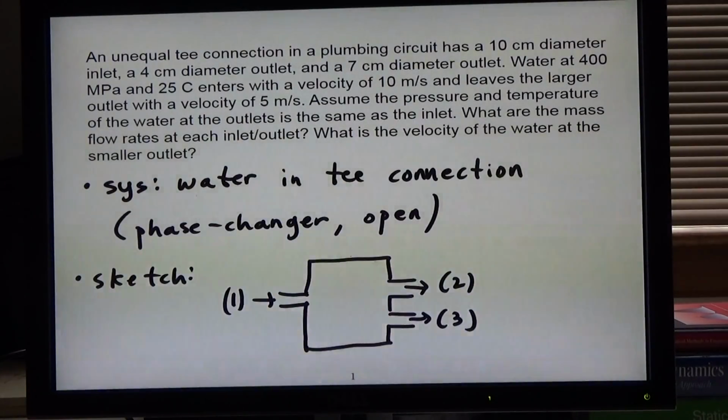So always in Chapter 4 in the open systems, instead of naming the states, like at the beginning of the process we used to call it state 1, and at the end of the process state 2, we're always going to name our inlets things like 1 and our outlets things like 2. And if we have multiple inlets and multiple outlets like this scenario, then we can give them 1, 2, 3, arbitrarily. So this is the engineering sketch, and then we'll continue on to the conditions next.